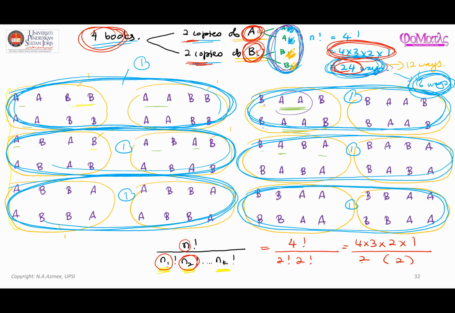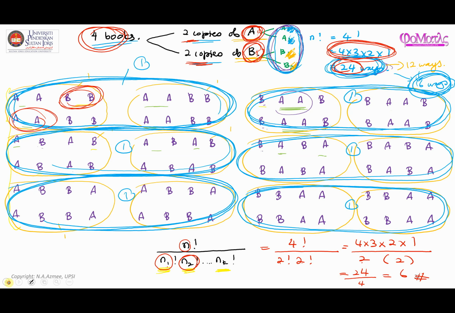So 2 and 2 here refer to the number of permutations that you can do for the first group, and the number of permutations that you can do in the second group. And because of that, from 24 ways at the top of this fraction, you divide it by 4, and you will get the answer equal to 6 ways.